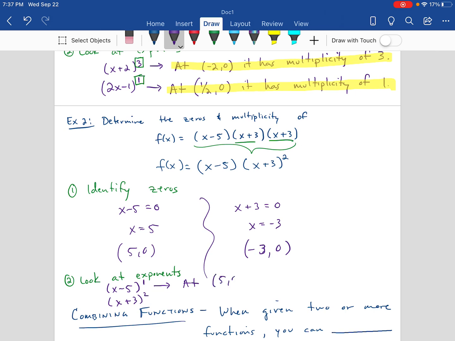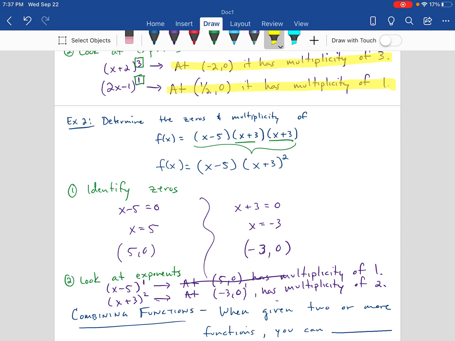So at (5, 0) it has a multiplicity of 1. At (negative 3, 0), it has a multiplicity of 2. And that's it. These two are my answers.